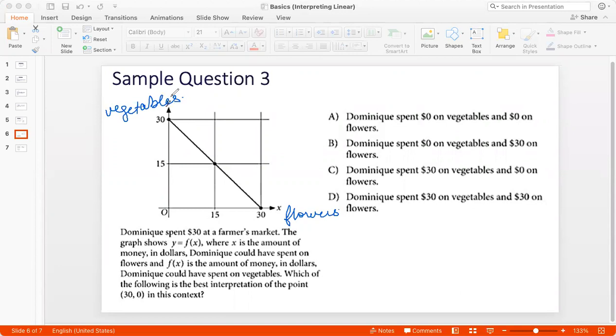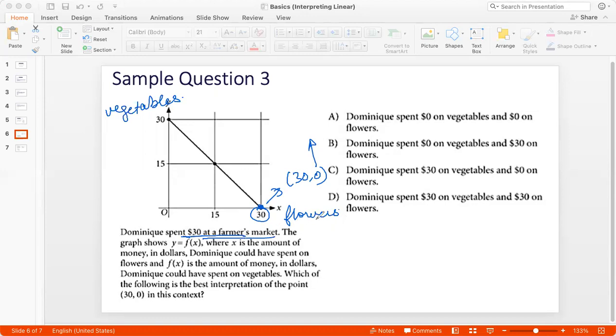Which of the following is the best interpretation of the point (30, 0)? What is the meaning of (30, 0), right? We know that when she has spent $30 on flowers, then she does not get to spend any dollars on vegetables, because the total amount that she had was $30.